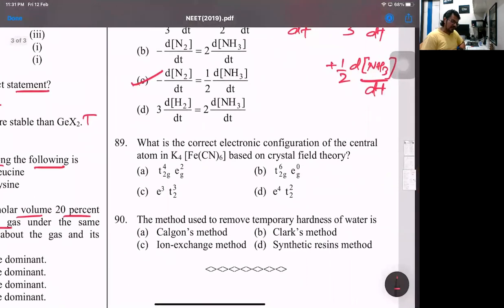Correct electronic configuration of K4[Fe(CN)6] on the crystal field theory. Now looking at it very fast, Fe is in +2 state. Cyanide is a strong field ligand, so it will pair up. So Fe is 26, 4s2 3d6. Fe2+ will be only 3d6. All 6 will get paired up. So if they get paired up in the low energy level, it will be t2g6 eg0.